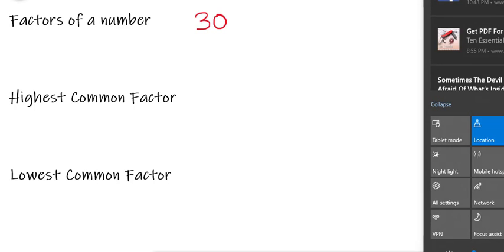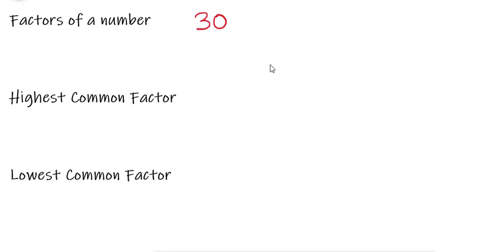How to do that is we simply divide a number until it's no longer divisible. So to find the factors of a number, we need to divide it by the prime numbers in turn until no division is possible.